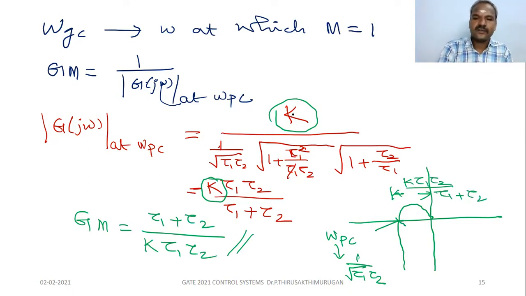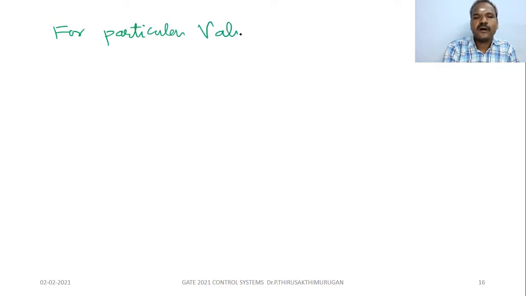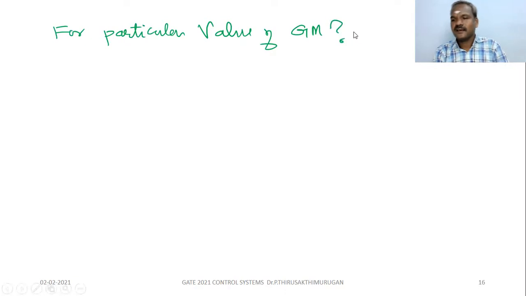Suppose we don't know this exact k. For a particular value of gain margin, what is the value of k?